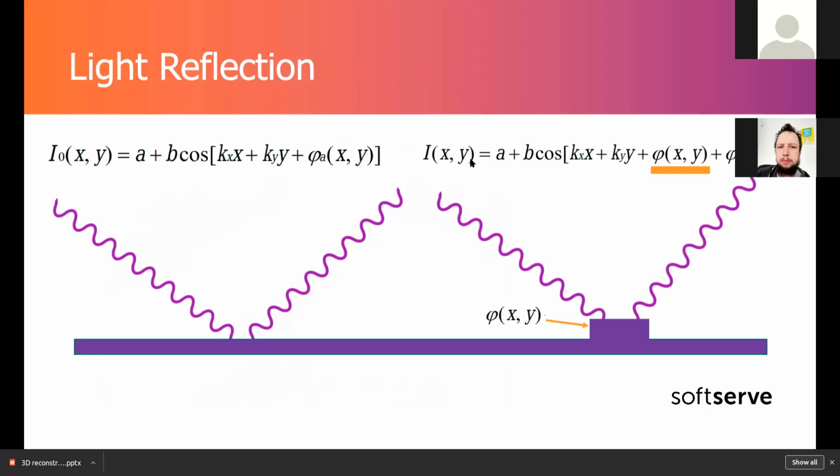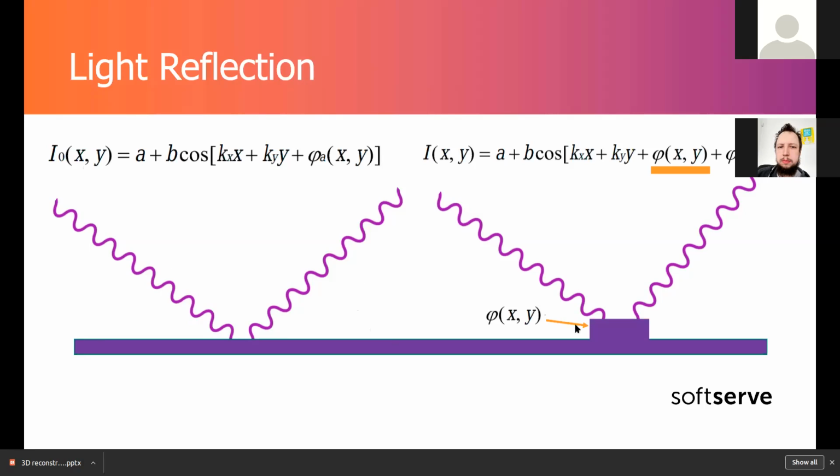An important moment for the phase shift is that we need to know the reference. For example, we have a flat plane. We project some known pattern on it, and we know how it looks without any distortion.